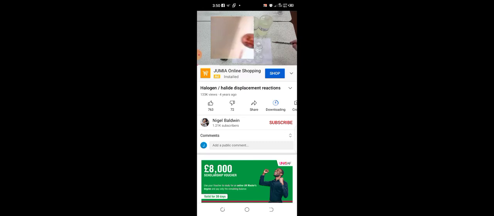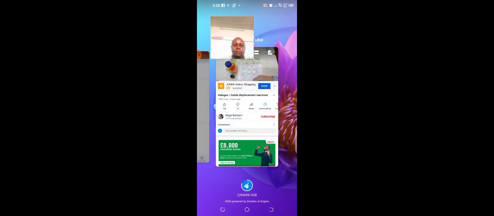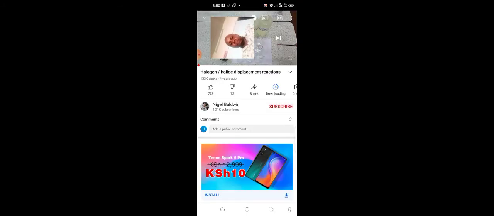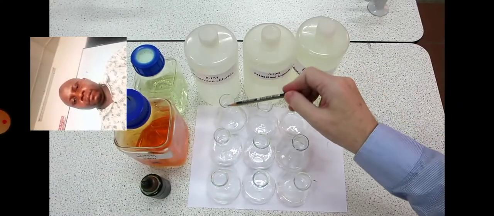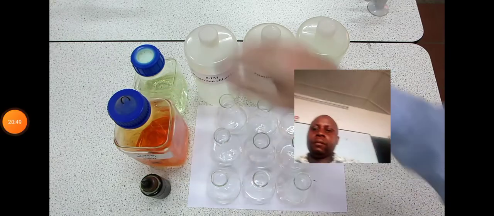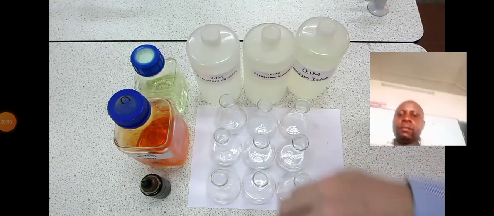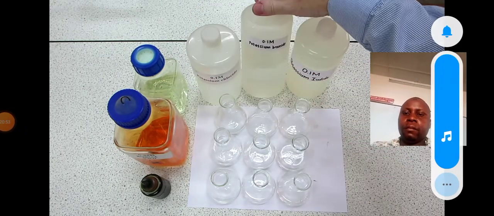Here we are with a series of halogen halide ion displacement reactions. In the first 3 conical flasks here, we have potassium chloride. In the second 3 conical flasks, we have potassium bromide.